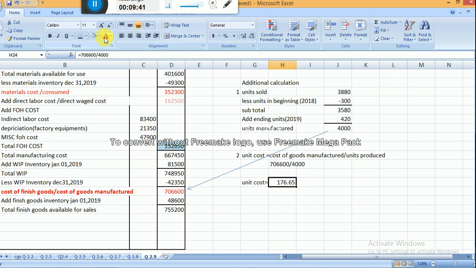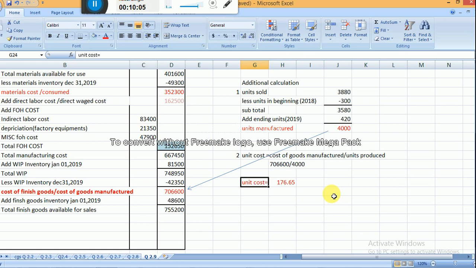This is our per unit cost. And how many units we produced? 4,000 units we produced. Okay, look at, now we found the unit cost. Total cost is also given, 7,06,600.